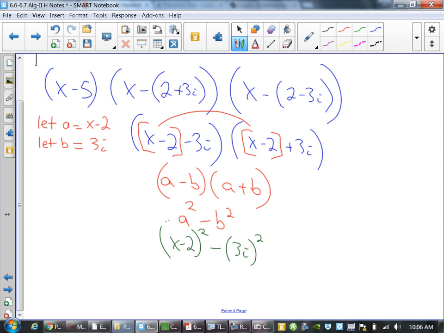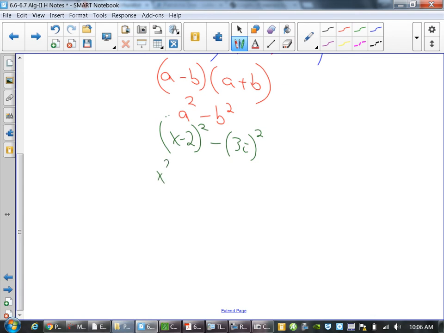Interesting. FOIL out the x minus 2: x squared minus 4x plus 4. Now you have to use your power of exponents. 3i quantity squared means I have to square both the 3 and the i. And what's i squared?